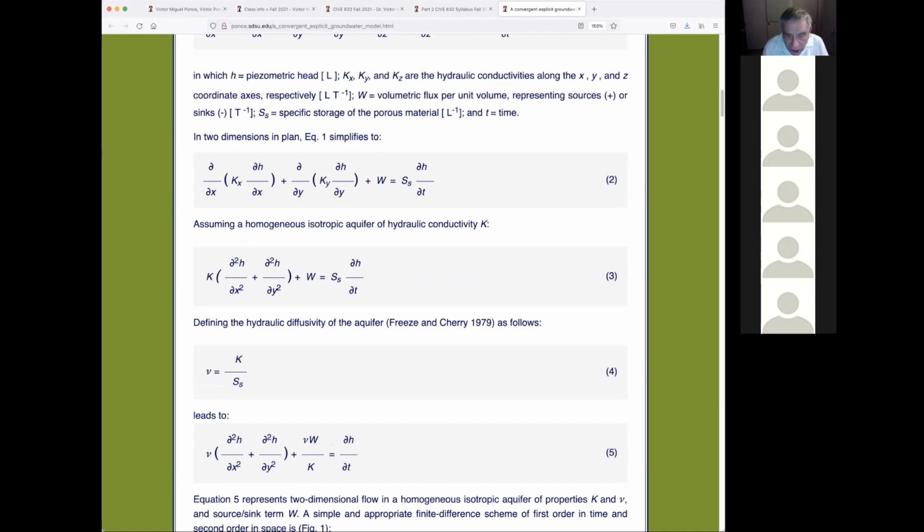Only Freeze and Cherry, when they came out with a book in 1979, defined the hydraulic diffusivity because, in fact, K over S sub S is a diffusivity. It has the units of L squared over T, which leads to this. So we are going to simplify the equation and call it a diffusivity.